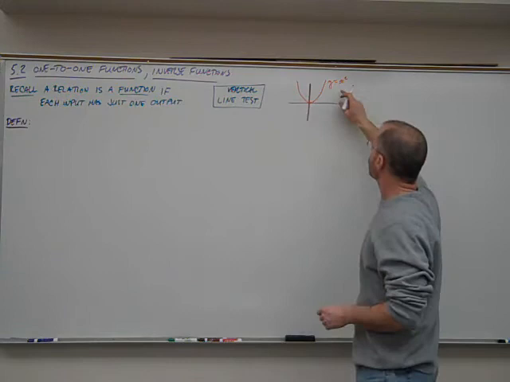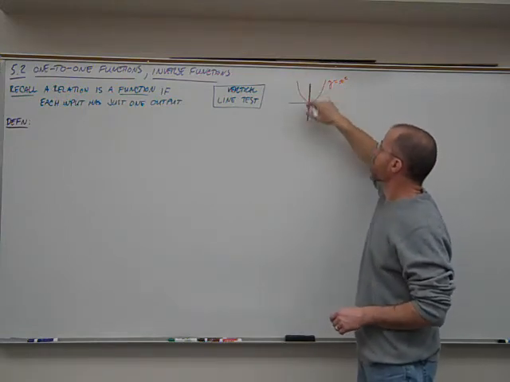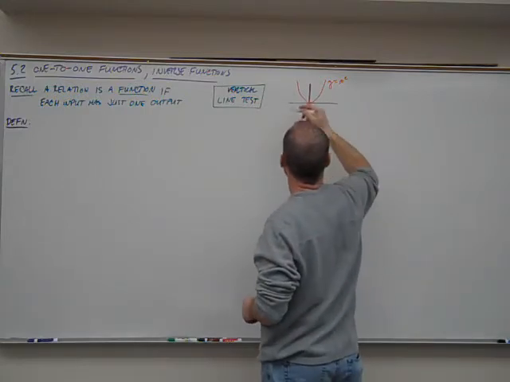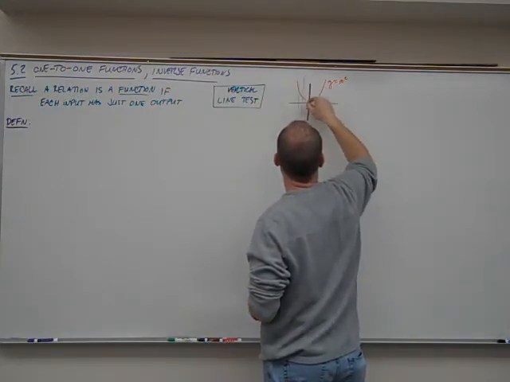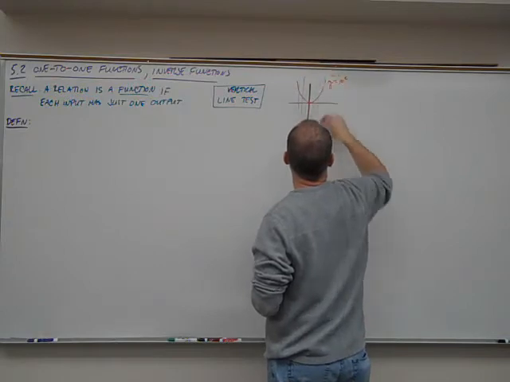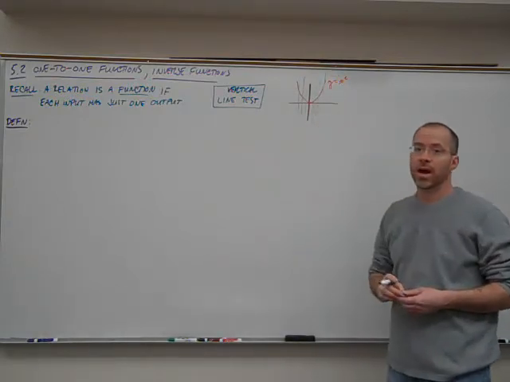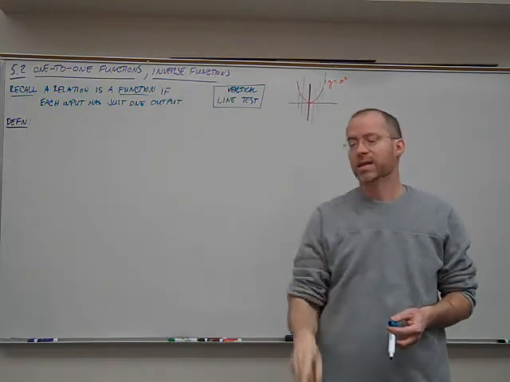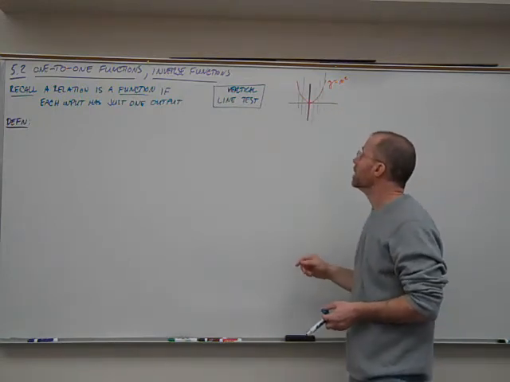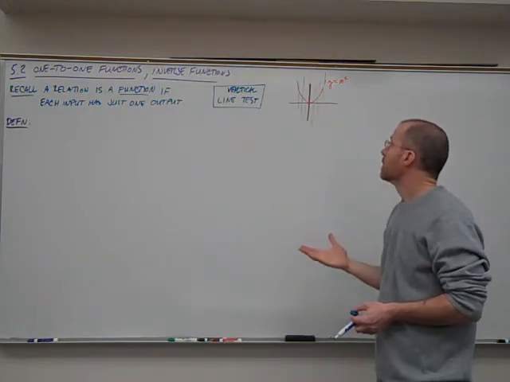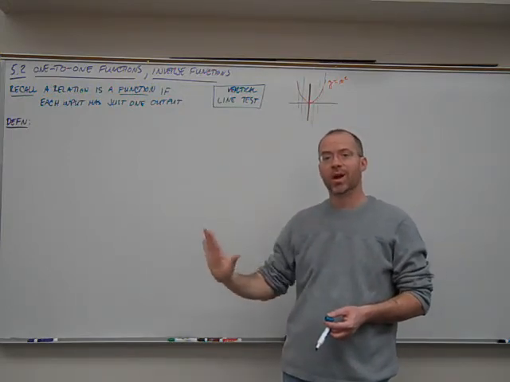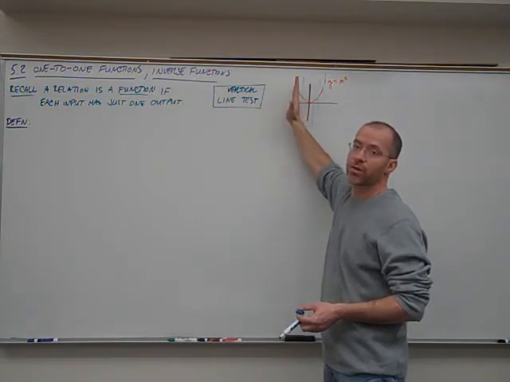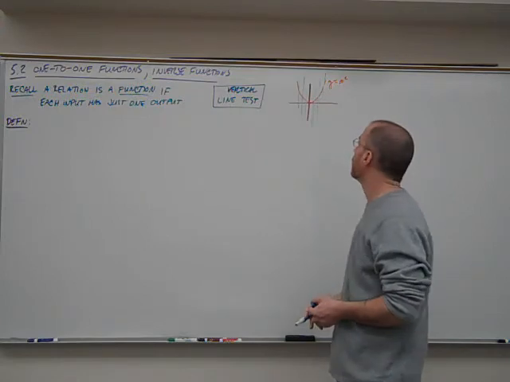So here's the relation y equals x squared, our familiar parabola with vertex at the origin. And the vertical line test just said if any vertical line cuts the graph of y equals x squared in at most one place, then this is a function. If a vertical line cuts the graph in more than one location, then that gives you a place where there's an input for which there's at least two different outputs, and it's not a function.